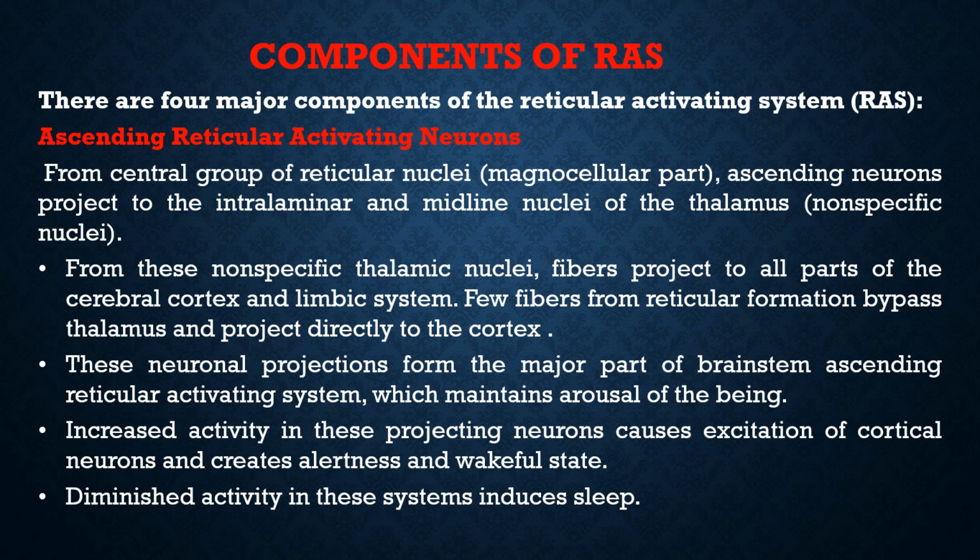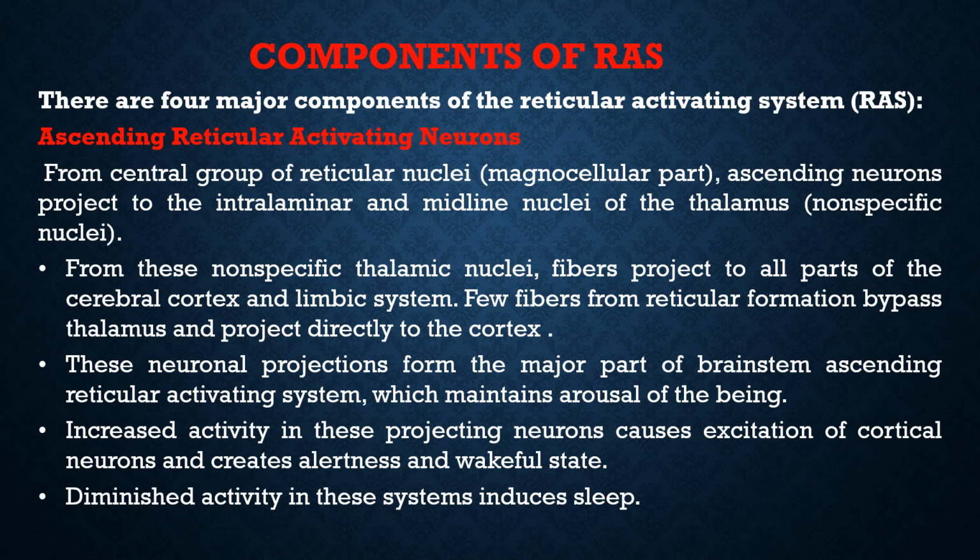From these non-specific thalamic nuclei, fibers project to all parts of cerebral cortex and limbic system. And few fibers from reticular formation bypass the thalamus and project directly to the cortex. Okay, so from these thalamic nuclei, the fibers will be projecting to all parts of the cerebral cortex and limbic system.